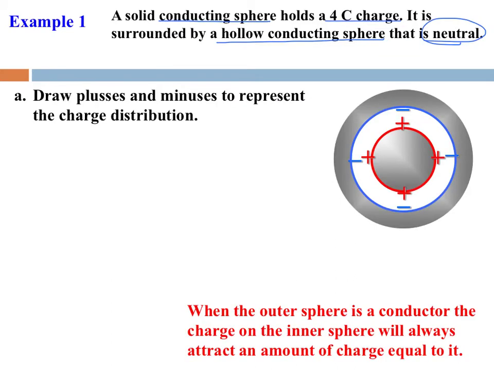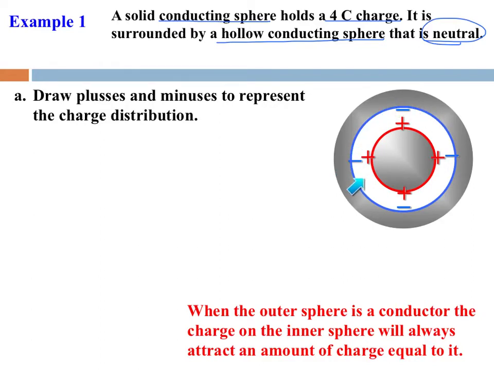When the outer sphere is a conductor, the charge on the inner sphere will always attract an amount of charge equal to it on the outer sphere's inner surface. So I represented 4 charges. These 4 charges are positive, so they're going to be attracting 4 negative charges on the inside.